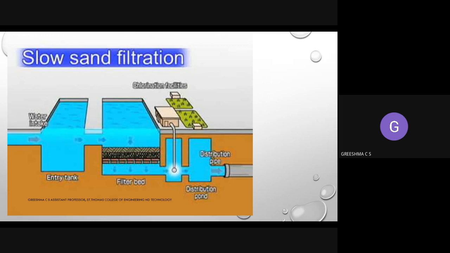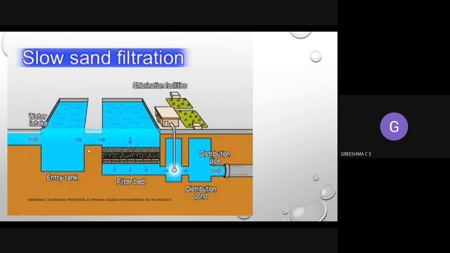We have discussed its working. As a quick revision, it has a filter bed, water passes through the filter bed, and at the bottom we provide lateral drains. The water is collected in the lateral drains, then goes to the main drains, and from the main drains it is taken to the distribution chamber.